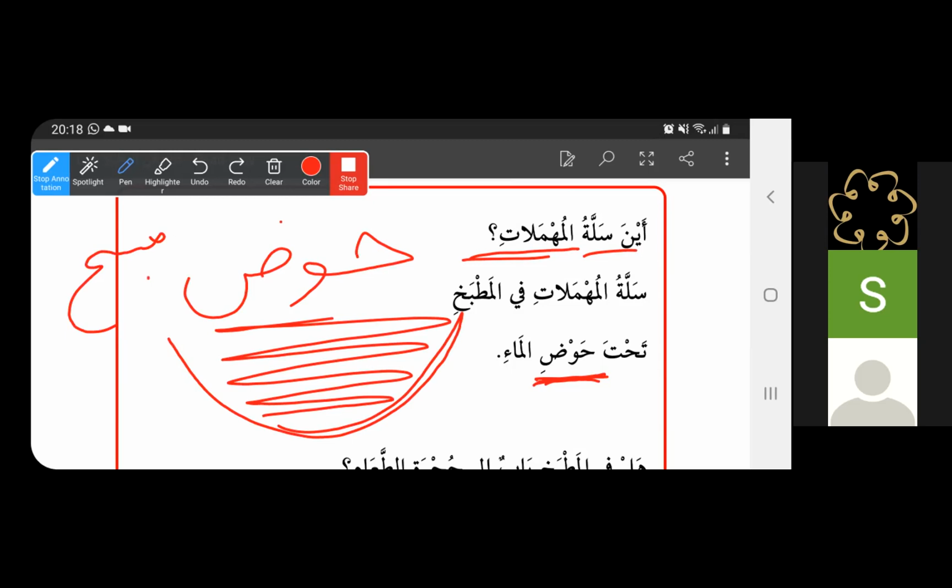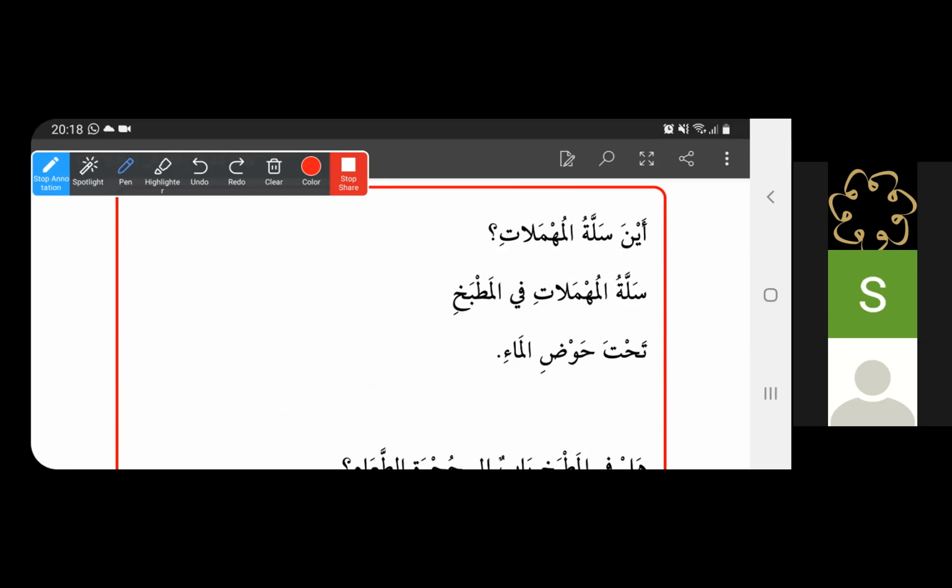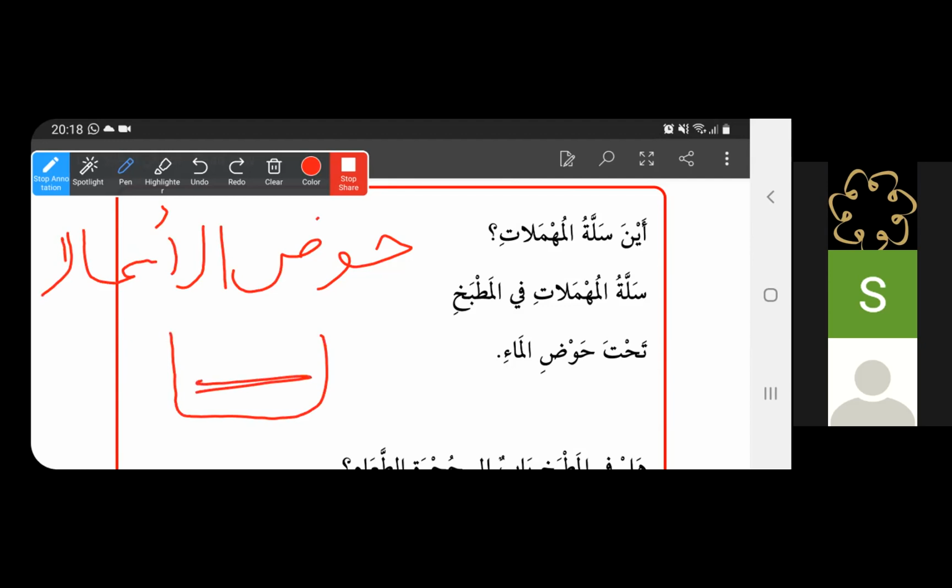طيب, swimming pool. Or you can say حوض الأسماك, your fish tank, because it's also deep and can fill with the water. طيب, your washing basin is also حوض. طيب, حوض الغسيل.